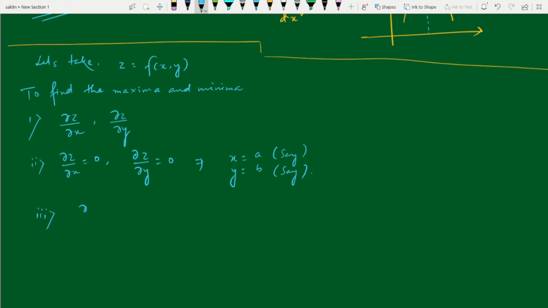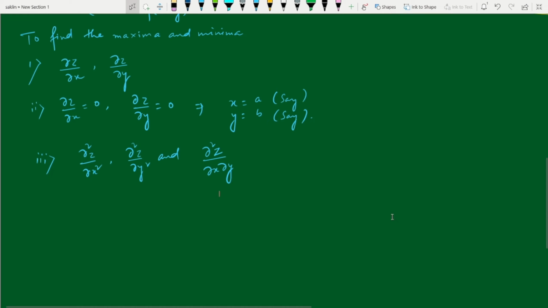Okay. Now the third process is we have to find the double derivative. At first the double derivative of z with respect to x, and we have to find the double derivative of z with respect to y, and also we have to find the double derivative of z with respect to del x and del y. We have to find this.